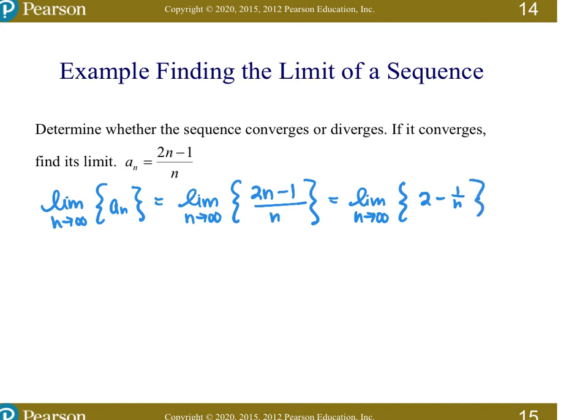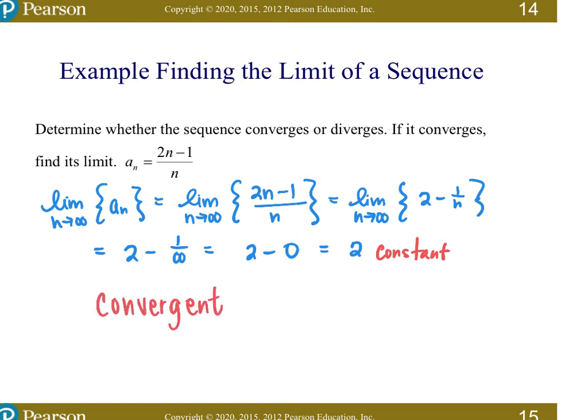All right, then I'm going to substitute in infinity. So I get 2 minus 1 over infinity. We know that 1 divided by infinity is 0, and 2 minus 0 is 2, which is a constant. And so this is a convergent sequence.